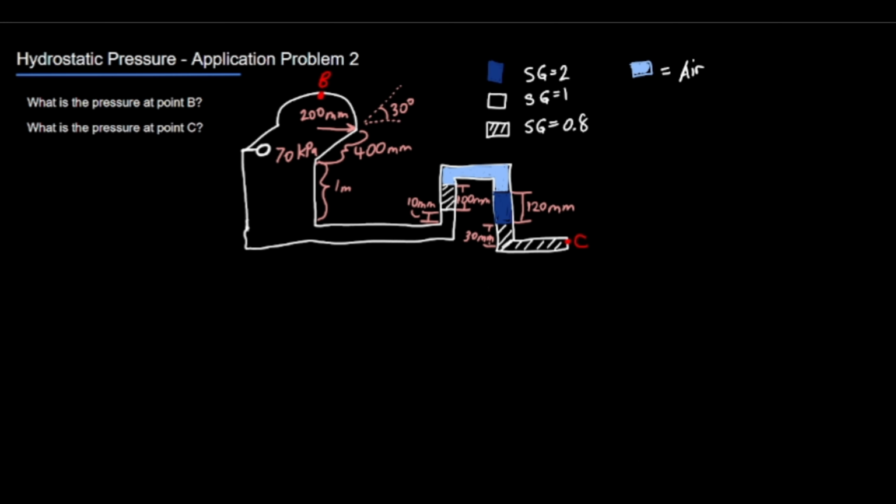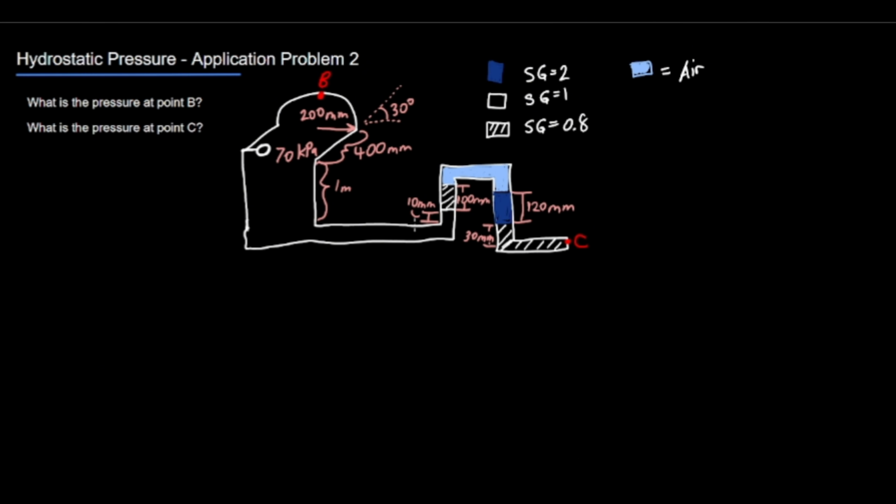Application problem number 2. What is the pressure at point B? What is the pressure at point C? So the relationship that this problem is trying to uncover is that when you move up in altitude within some fluid, or decrease your height, you will be decreasing your pressure, and when you go down, you will be increasing your pressure. And then we'll also discuss what happens when we go to the side, which is it does not change your pressure.